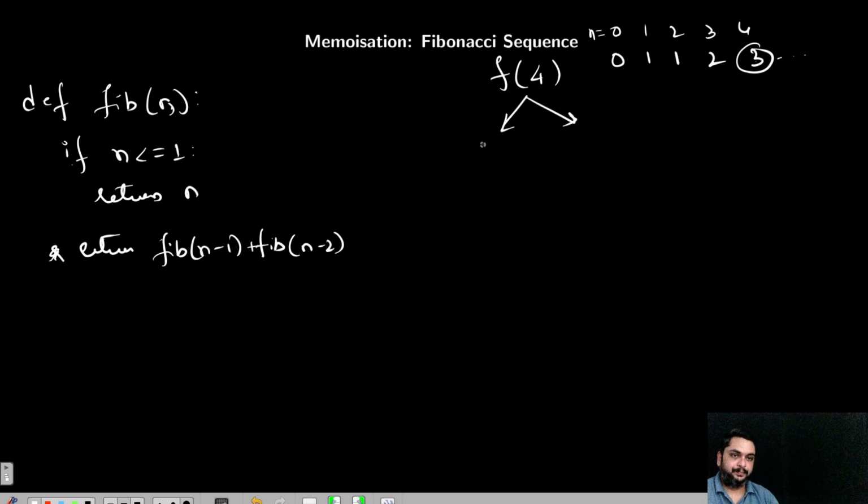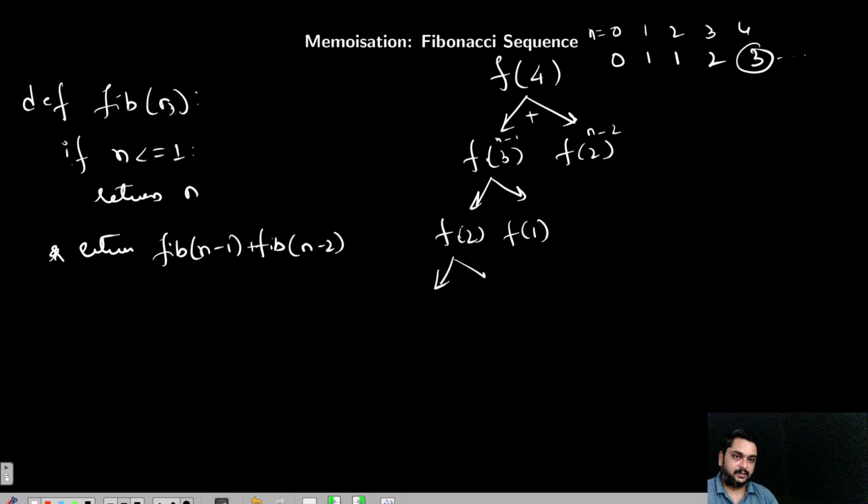So how will it call? 4 is not less than or equal to 1, so it will call recursively f of 3, here f of 2, that is n minus 1, here n minus 2. This is the addition operation after they get the values. Then this will call f of 2, here f of 1.